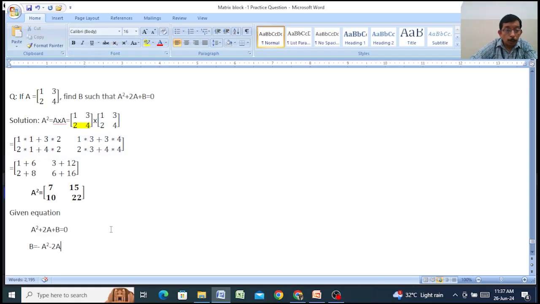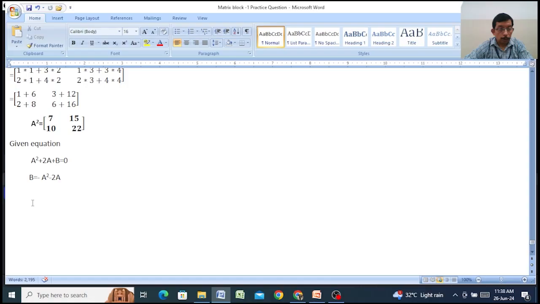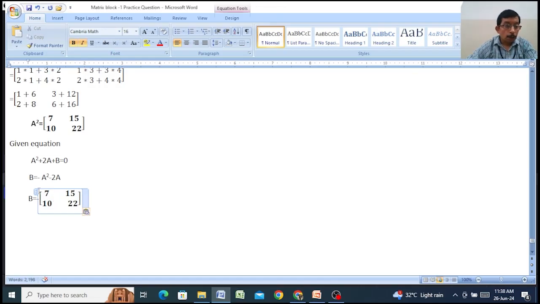Now put the value of A square and A in the above. So B is equal to minus, the A square value is this, note down here, minus 2A.